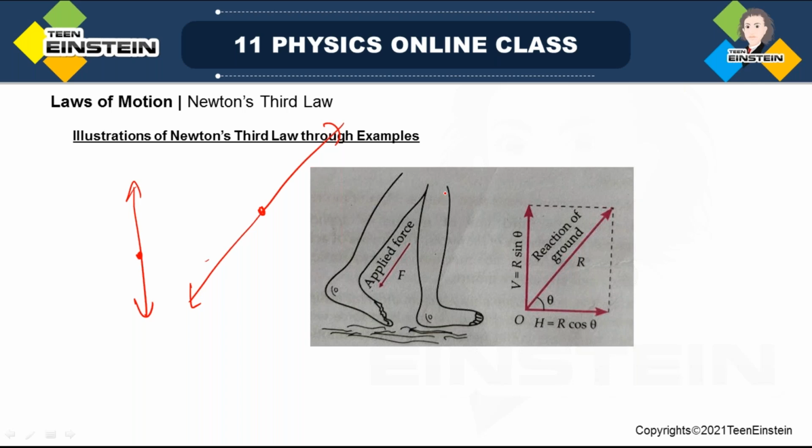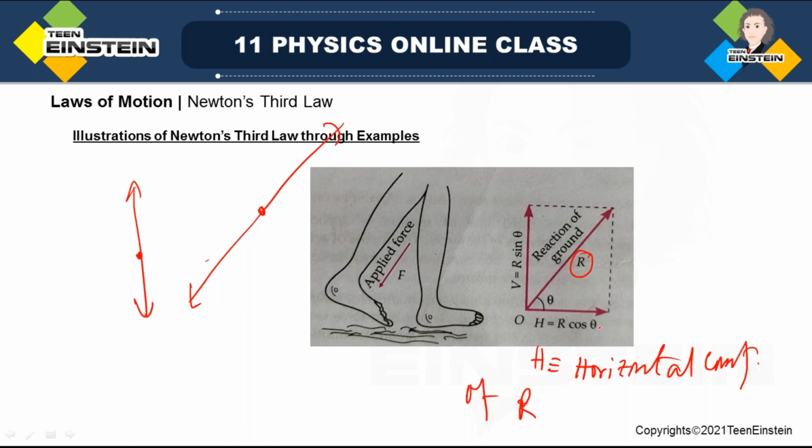Suppose the normal reaction is making an angle theta with the horizontal. So H is the horizontal component of R, and V is the vertical component of R. This is the original vector.